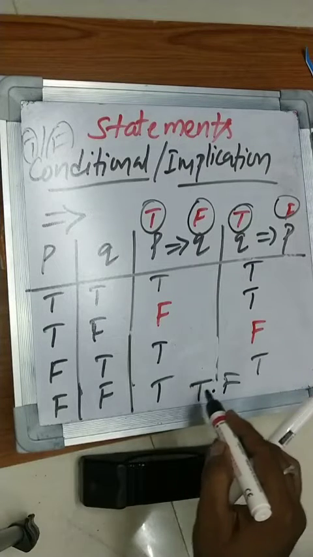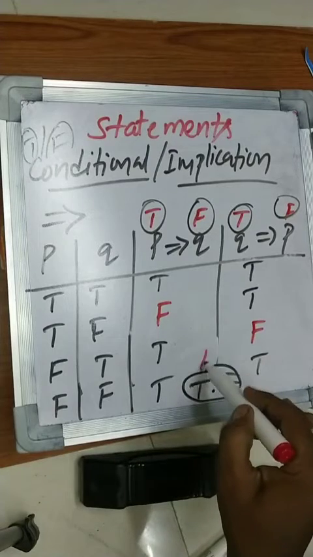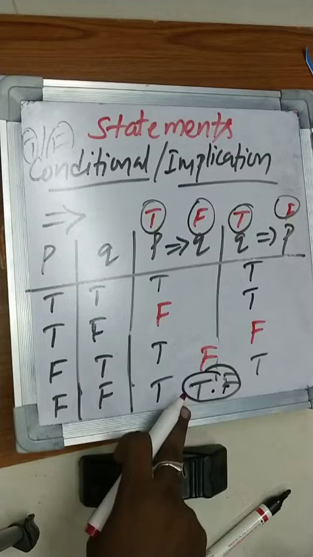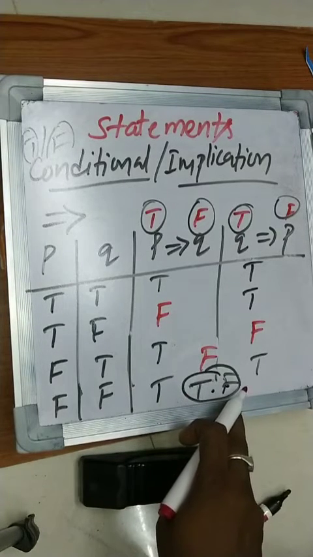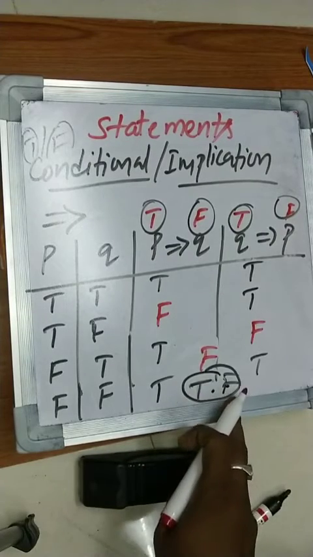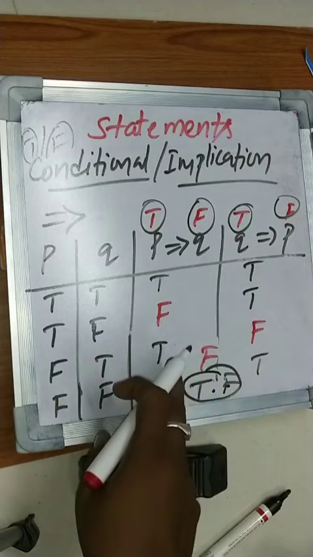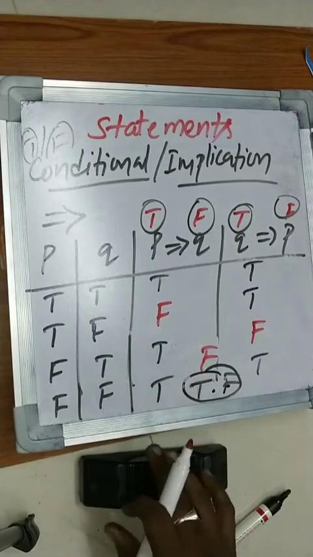So true implies false, and the total compound statement will be false, because the first statement is true and the second is false. A true statement cannot imply a false statement. Okay, so that is called a conditional.